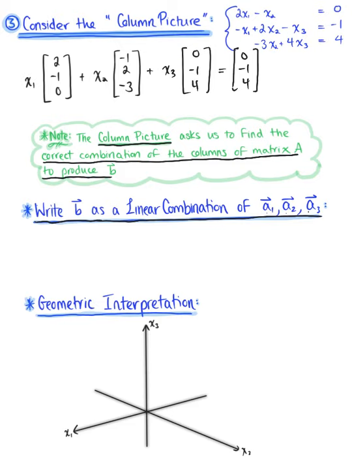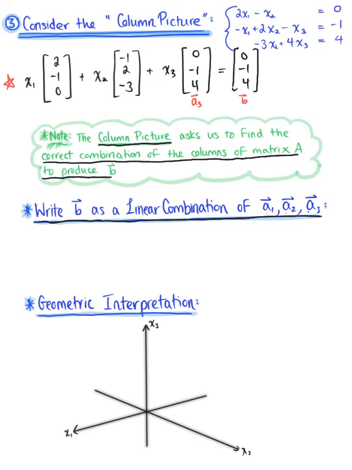Normally we would solve this algebraically by row reducing the augmented matrix, but this example was selected because we can pretty easily see the correct combination. Looking up again at our vector picture here, did you notice that column vector A sub 3 matches the constant vector B? So what is this telling us?